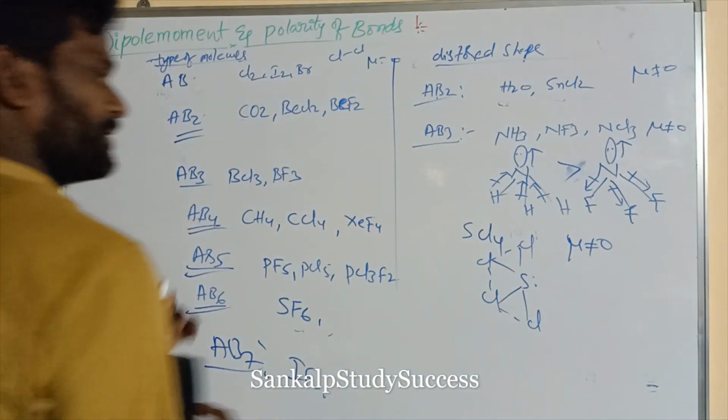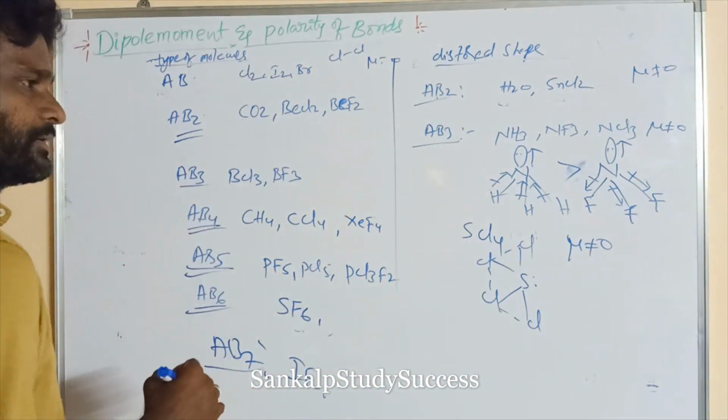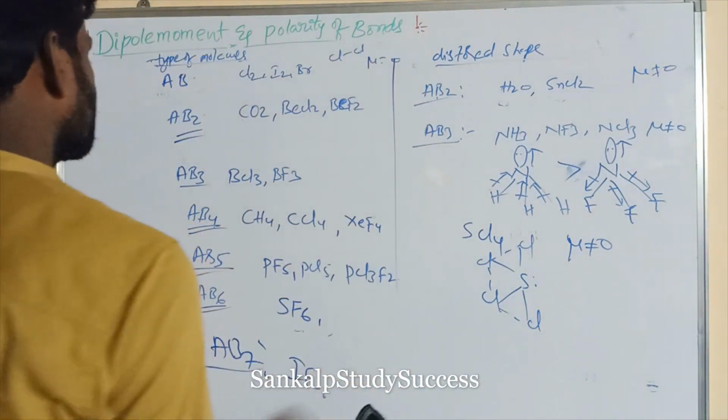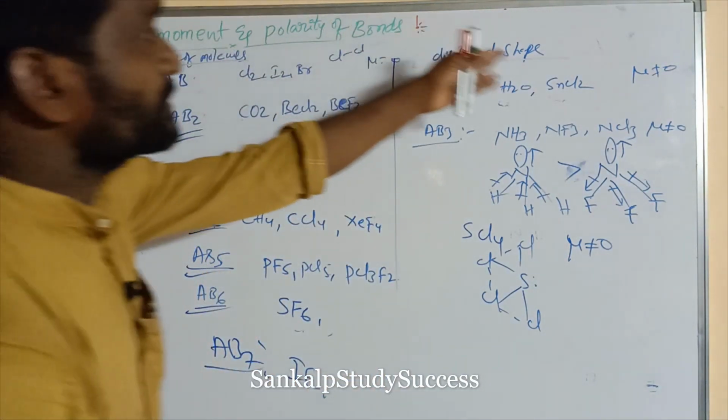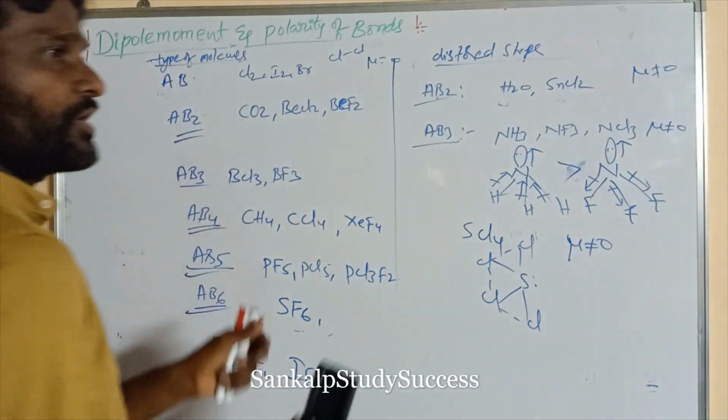Now AB5 and AB6 are also distorted shapes, and these distorted shape molecules have mu not equal to 0.